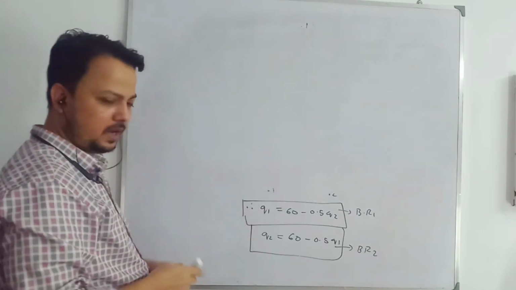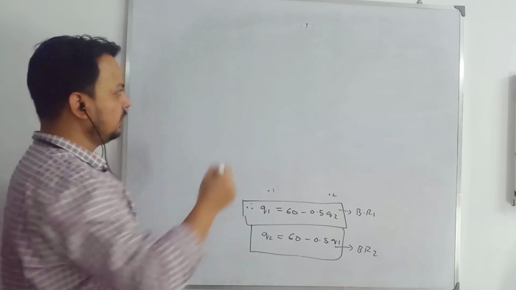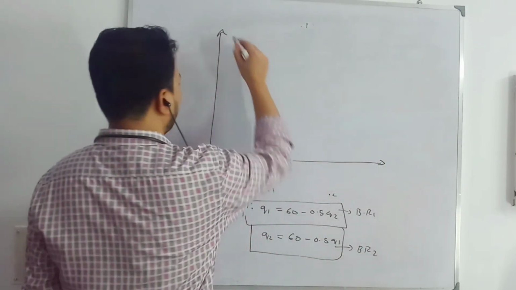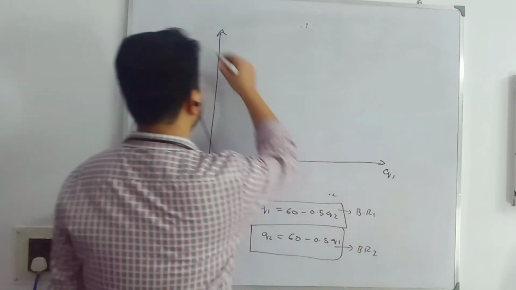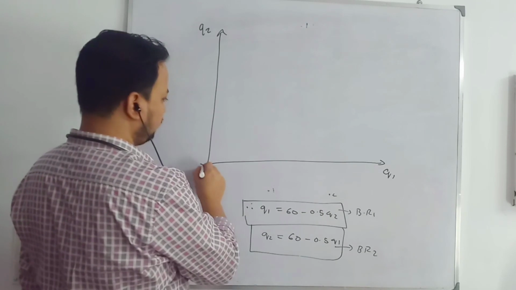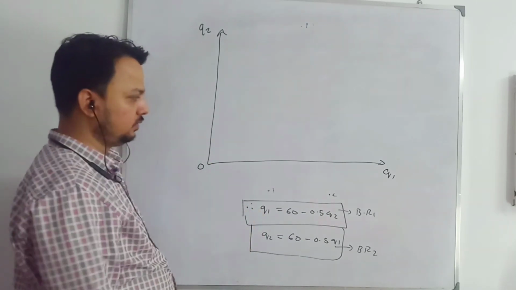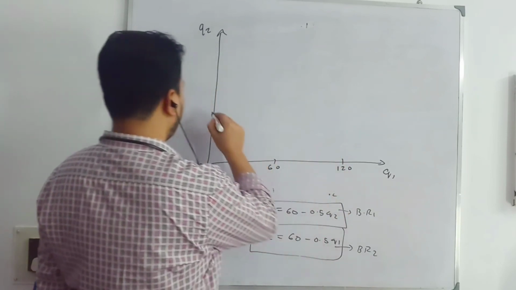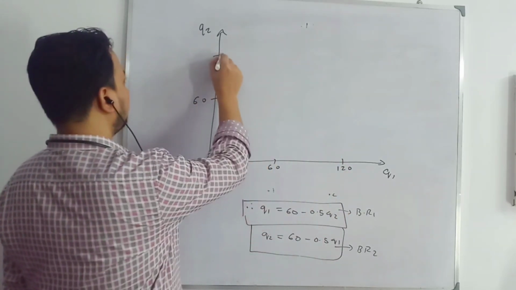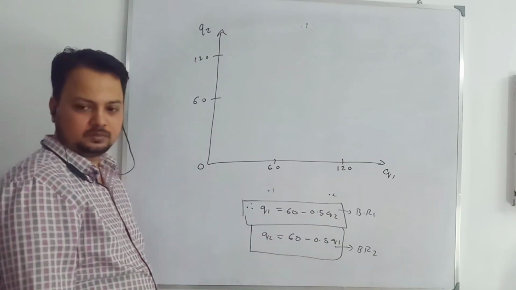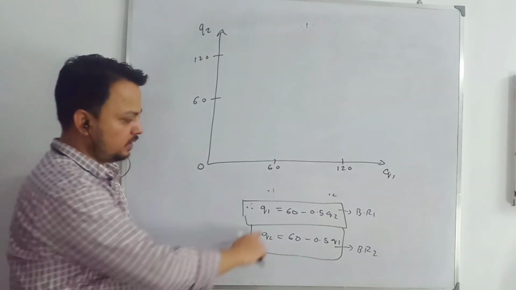Now we have to draw the graph. I have done it already in the class one time. Let's do it one more time. So here you have output of firm 1 q1, output of firm 2 q2. When q2 equal to 0, what will be q1? For firm 1, look at this equation.